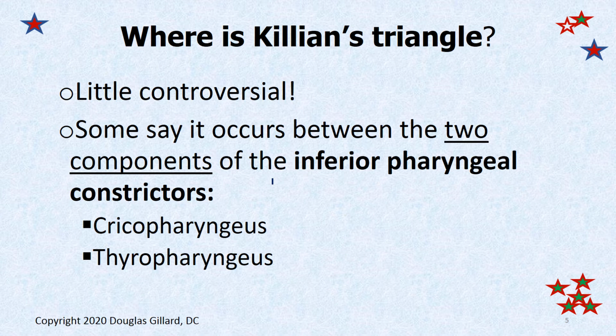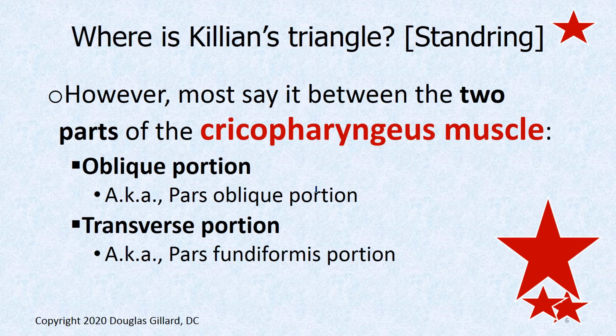It is controversial. Some authors say that it occurs between the meeting of the 2 components of the inferior pharyngeal constrictors, and we all know what those are. That's not controversial. There's cricopharyngeus and thyropharyngeus. But it's actually not that.